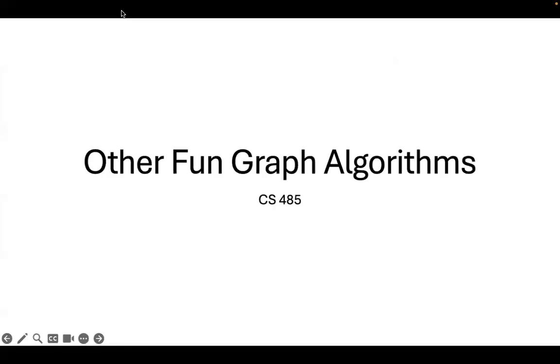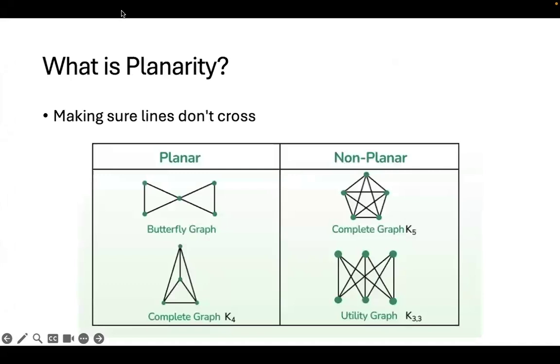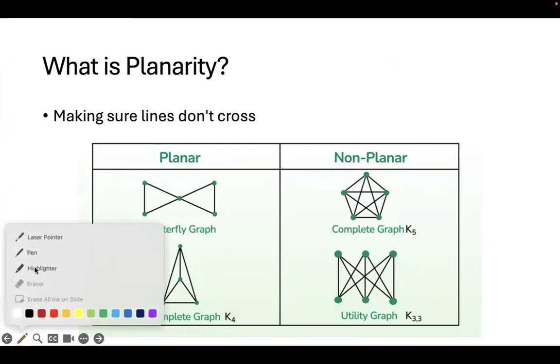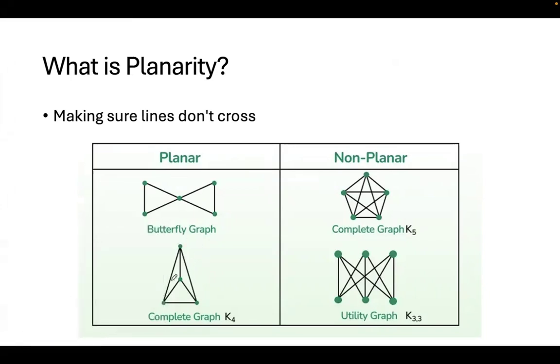Okay, so we're looking at some other fun graph algorithms. One of the things that we haven't talked about so much is planarity. Planarity, in its very simple definition, is making sure that lines don't cross. So we can have something like the butterfly graph over here, or the complete graph K4, where we can draw it in a way that the lines don't cross each other.